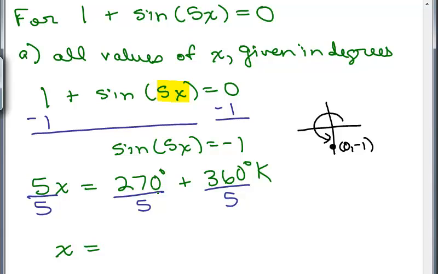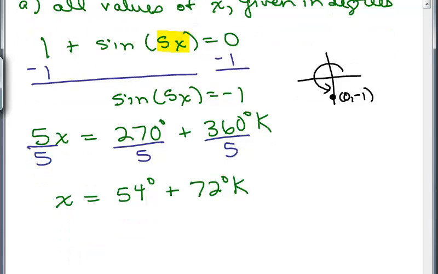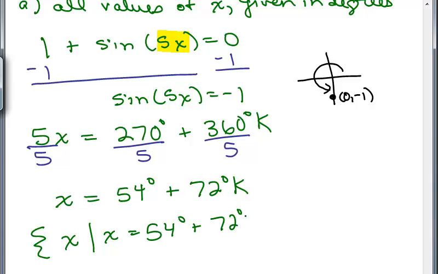So 270 divided by 5 is 54 degrees. Don't forget the degree symbol. And 360 divided by 5 is 72. So this should give us all solutions. If you're going to write that, x equals 54 degrees plus 72 degrees k, where k is an integer.